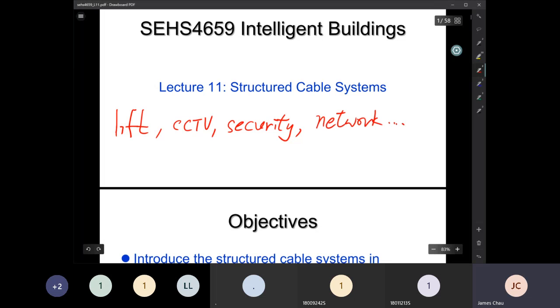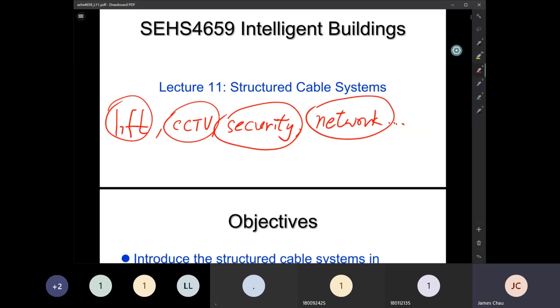etc., right? Now, in a building, we try to integrate all of the systems into a single system so that we can manage them easily. Therefore, we need to have an integration to a central monitoring system.